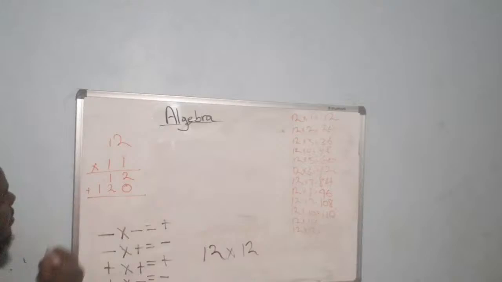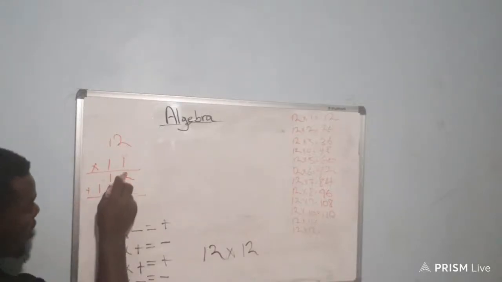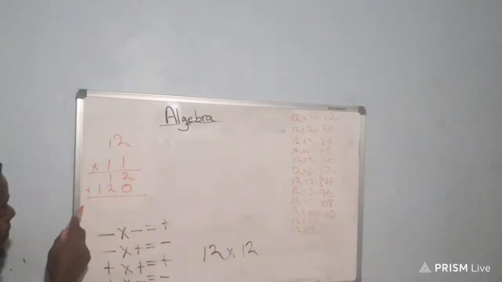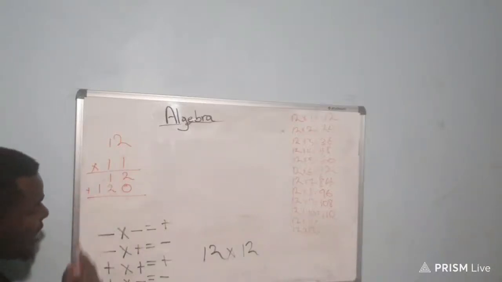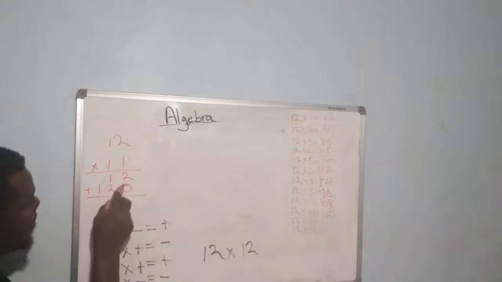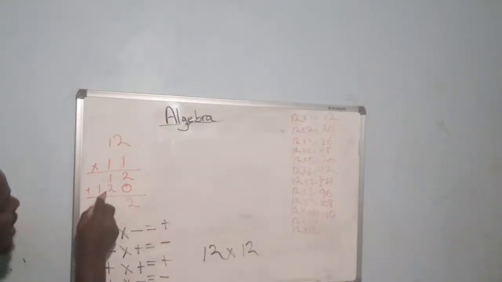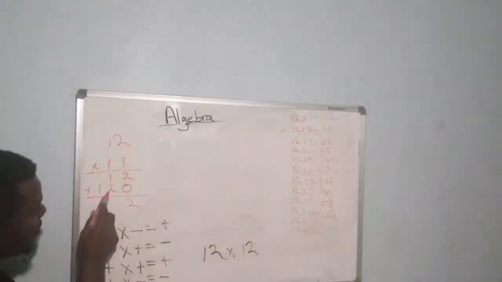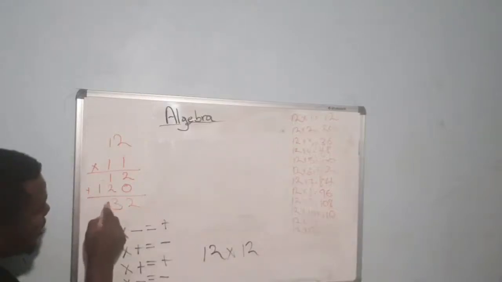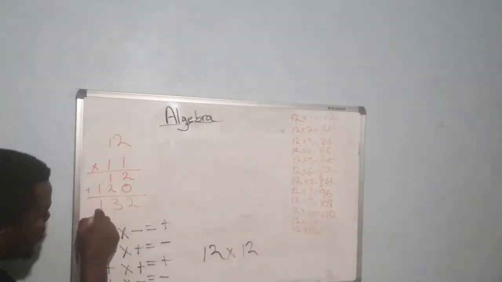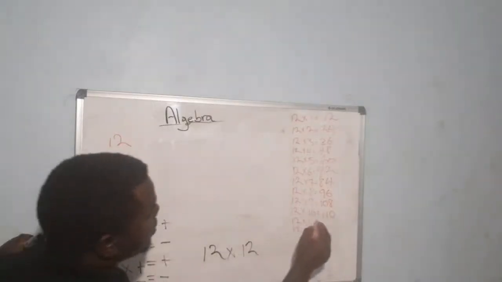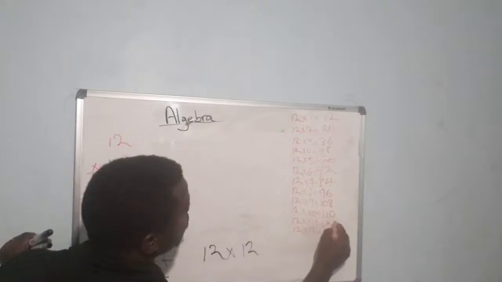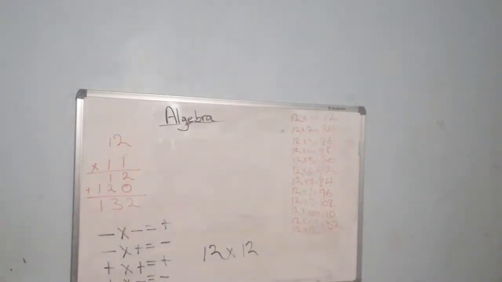So now you're going to add 2 plus 0. Remember, anything you add to 0, you will get back that same number. So 2 plus 0 is 2. And 2 plus 1 is 3. And you bring down this 1. So 12 multiplied by 11 is 132.